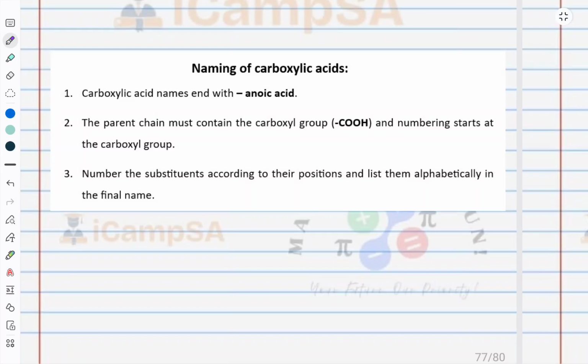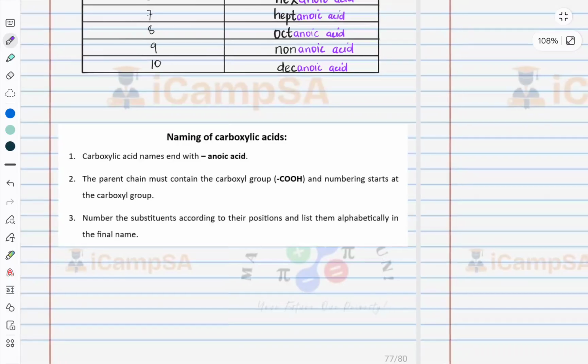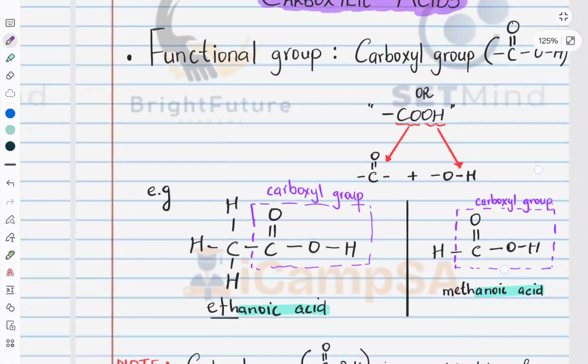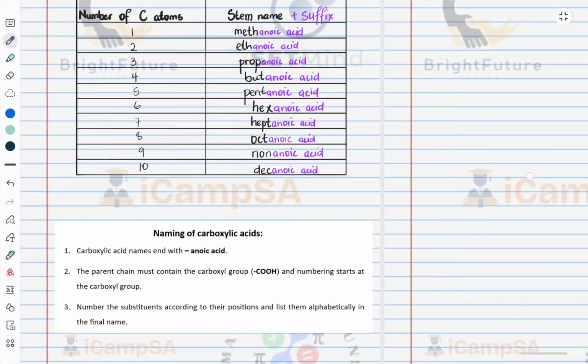And then from there, I can decide which side is best to start numbering from. Is it from left to right or from right to left, right? So it's the same rules that are just repeating. What changes now is what suffix we are using, what the functional group of that homologous series is, and so on and so forth. All right, so in the case of carboxylic acid, it's still similar rules. So now let's go straight to examples. We've laid out pretty much the basics of carboxylic acids, so let's go ahead and start our examples.